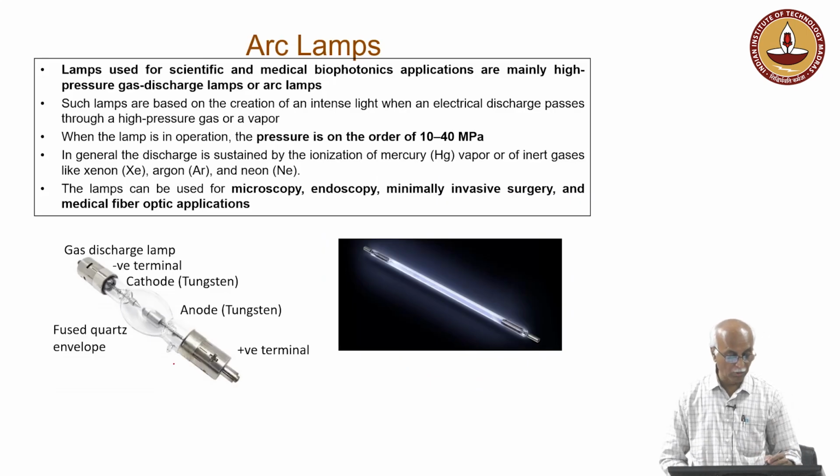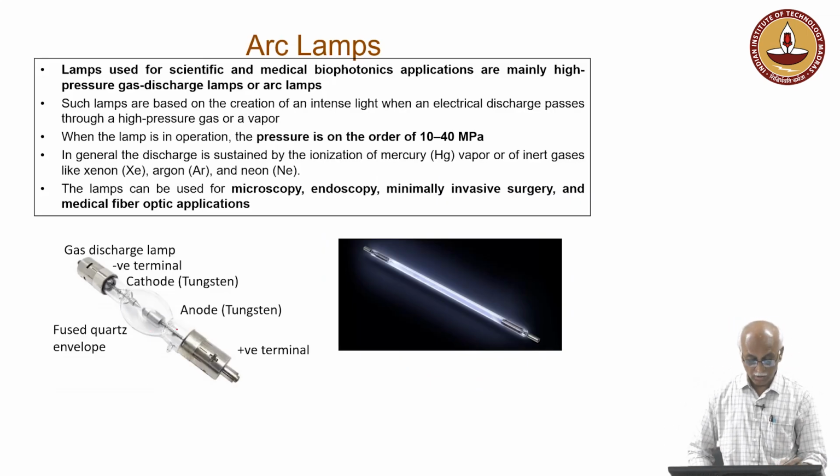It will have an anode, a positive terminal, and a cathode, which is the negative terminal, and then an arc is generated by applying a very high voltage to this arc lamp.